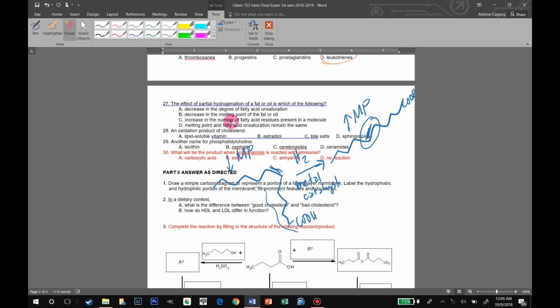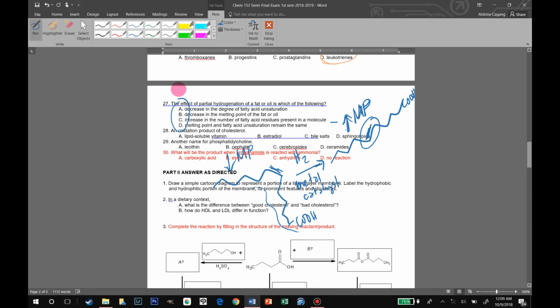Oh wait, I got it mixed up. Oh no, I'm correct. So this one, the kinky form, you have low melting point because this is liquid in nature. And this one is high melting point because this one is linear in nature. Actually, for number 27, there doesn't seem to be a correct answer here.